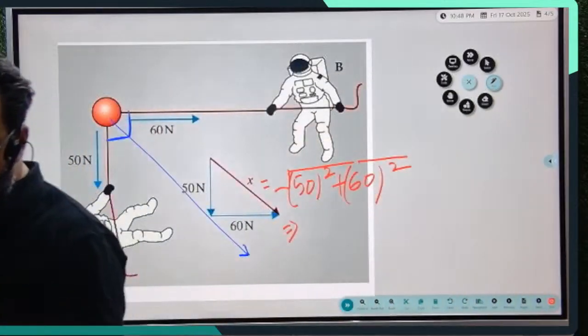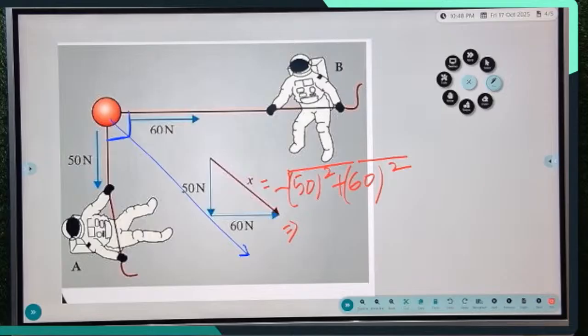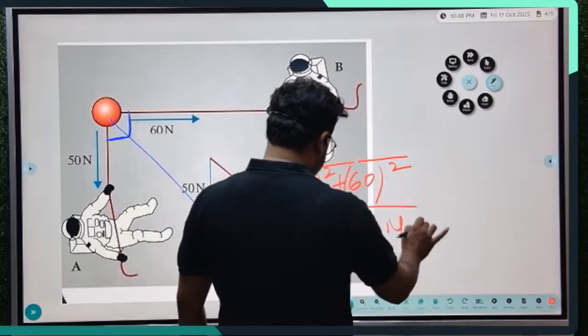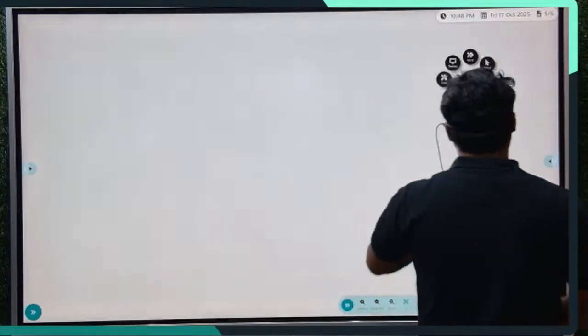How much are you getting? 78.1. 78.1 Newton is the required answer.